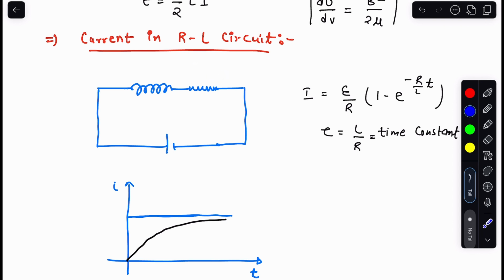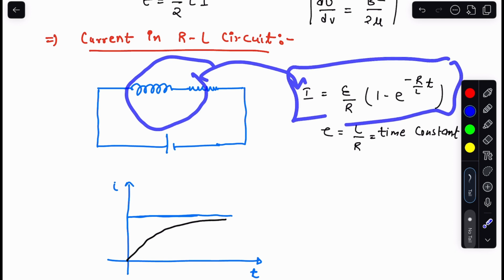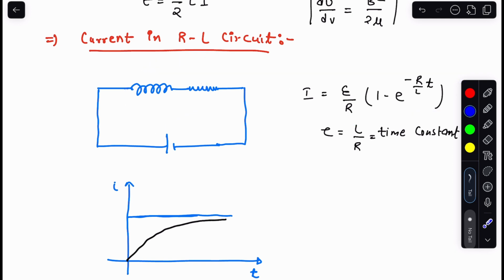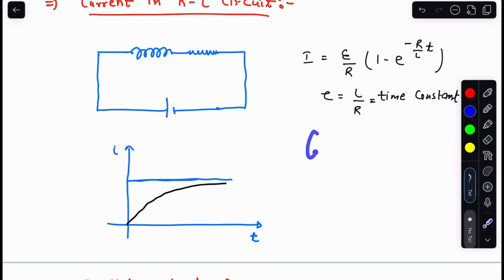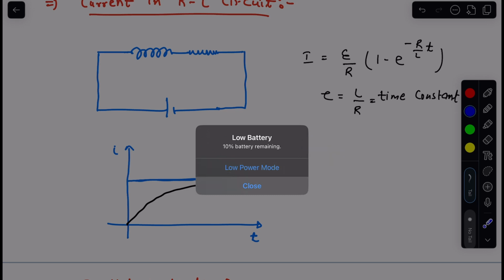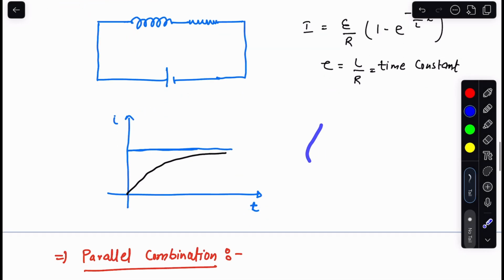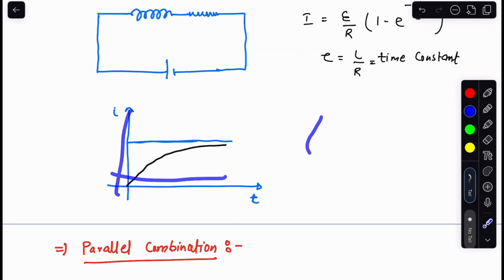We form a differential equation, and we get I equals E divided by R times 1 minus e to the power minus Rt by L, where we define L divided by R to be the time constant. Time constant means the point where the current becomes 63%. So the current will be increasing something like this.